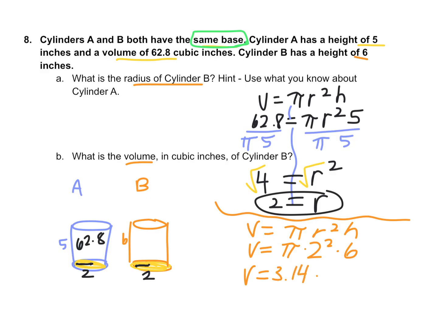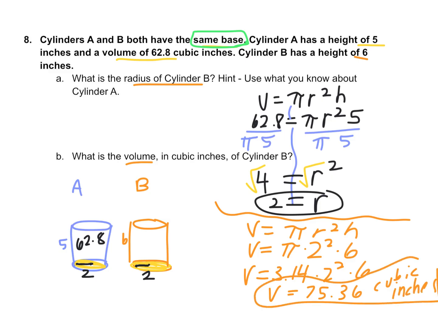So 3.14 times 2 squared times 6. All of that equals 75.36, and that's cubic inches, if I need to put a label on it. Cubic inches.